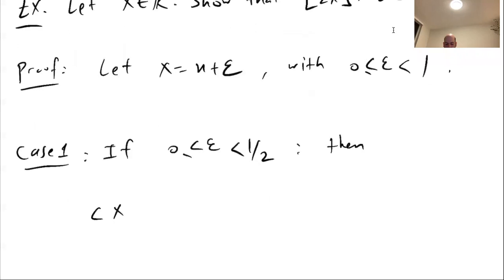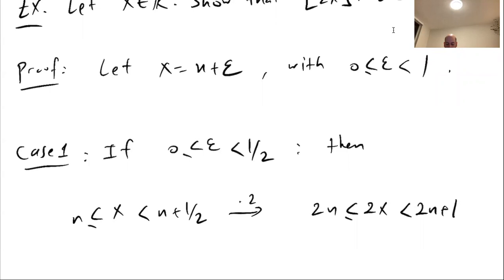Then x is bigger than or equal to n and less than n plus 1/2, right? Because x is n plus epsilon and epsilon is less than 1/2 by my assumption in case 1. So then if I multiply by 2, 2n is less than or equal to 2x, which is less than 2n plus 1.